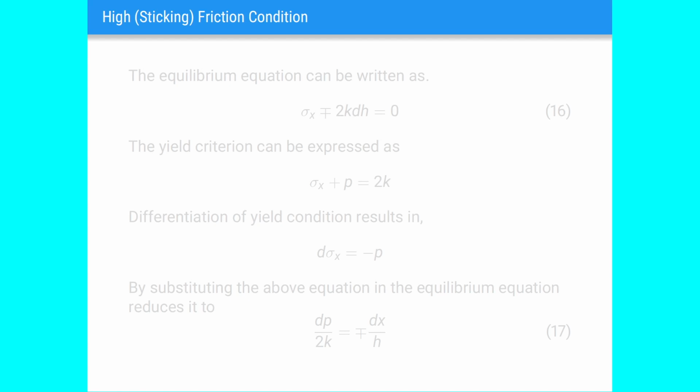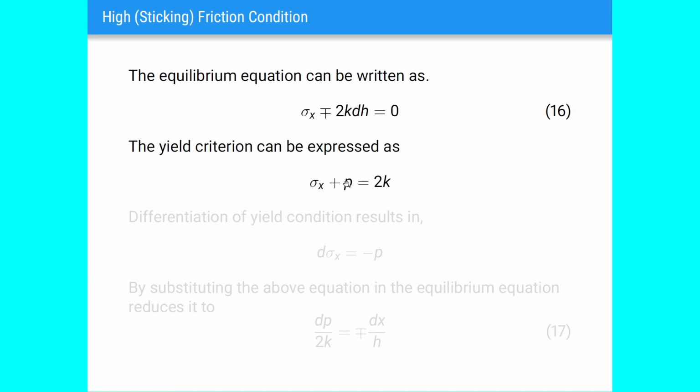In this case, your equilibrium equation can be written as d sigma x minus plus twice k dx by h equal to 0. And we know the yield criteria: sigma x plus p equal to twice k.